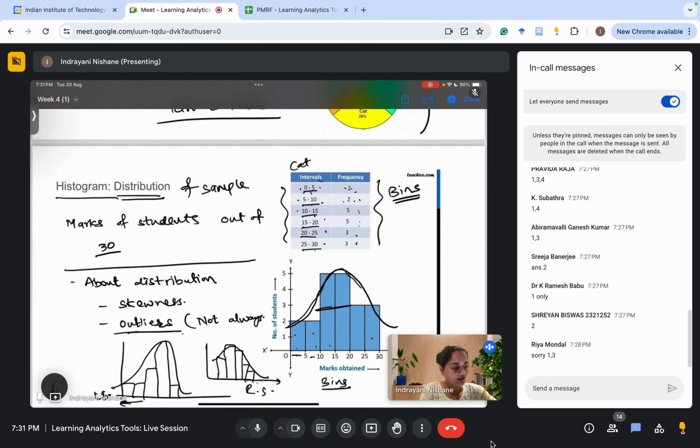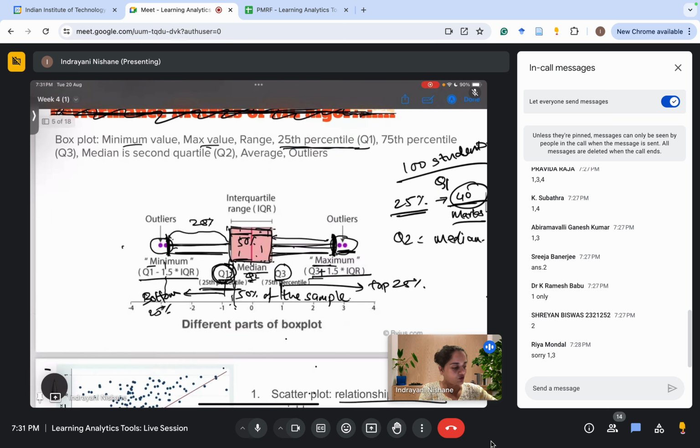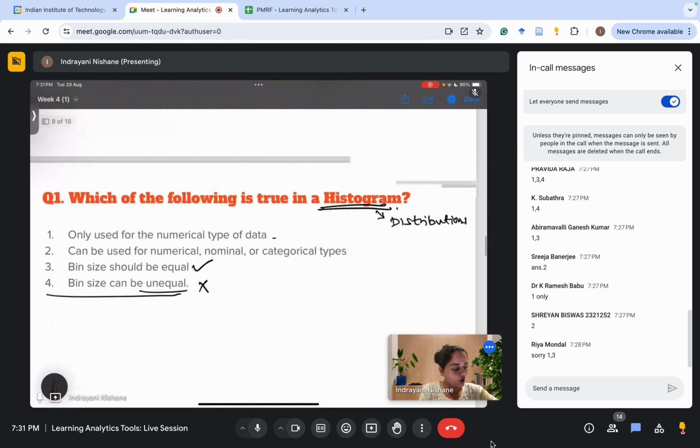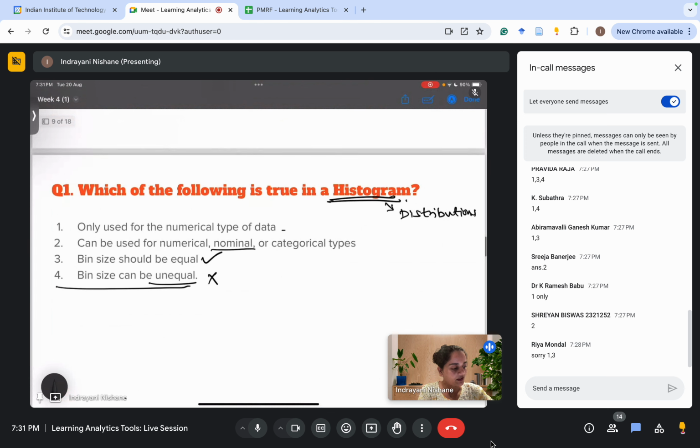That means we are creating categories, and then this is the distribution or frequency, right? So we are not plotting nominal, numerical, or categorical data, but we are plotting the distribution. We are converting numerical type into bins or categories. So that makes this option correct.